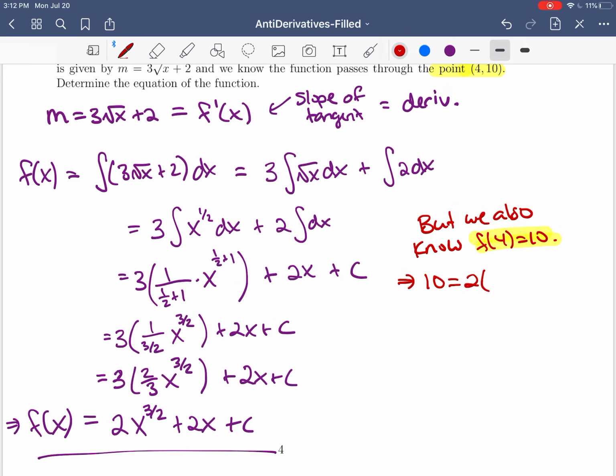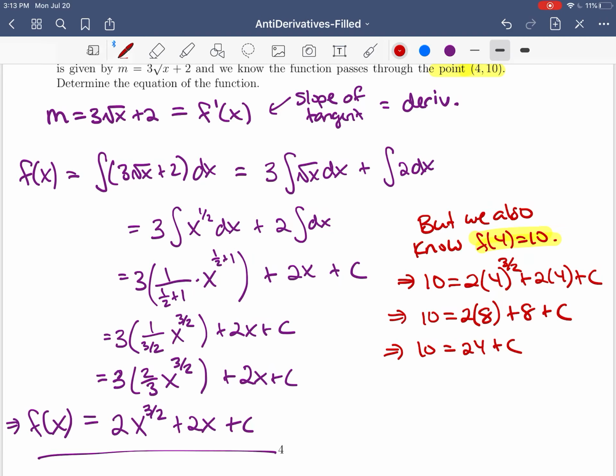So 2 times 4 to the 3 over 2 plus 2 times 4 plus c. And I can use this to figure out what my c value is. I'm going to take the square root of 4, which is 2, and then cube that. This is going to be 8. So I get 10 equals 16 plus 8, that's 24 plus c. So that means that c has to be minus 14.